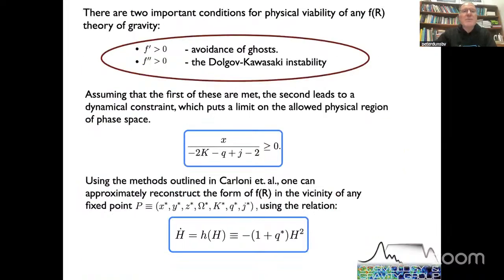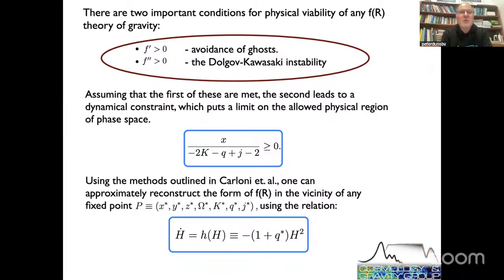Okay, so there are two important conditions, of course, that still need to be satisfied. You've got the set of equations, but you still need to have two conditions. One, which gives you the avoidance of ghosts, and the second, the avoidance of Dolgov-Kawasaki instabilities. And what this does is it puts a constraint on your phase space.